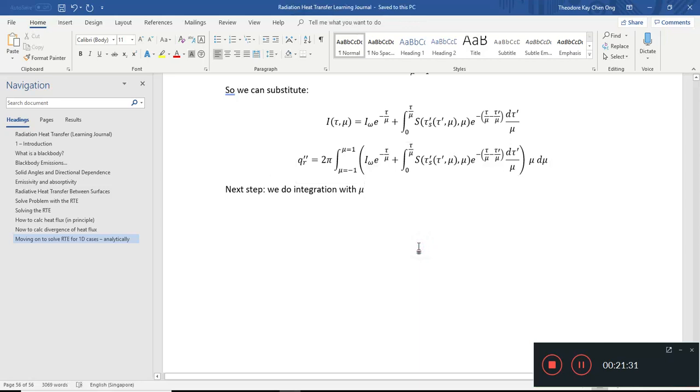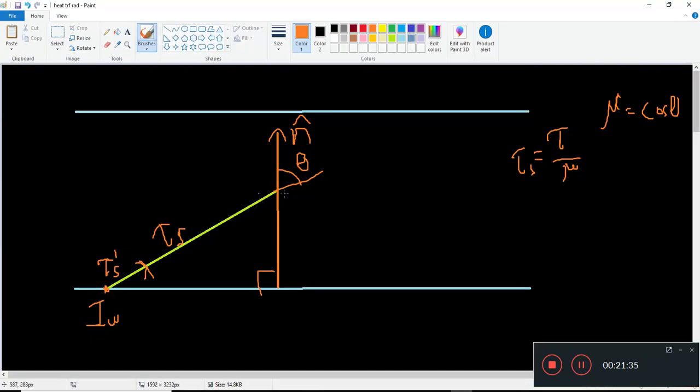The only thing that really matters, let's say we have theta going from 0 to 90. So theta going from 0 to 90, let's say theta equals 0. If theta equals 0, then the start point of radiation will be from this bottom plate, going up.